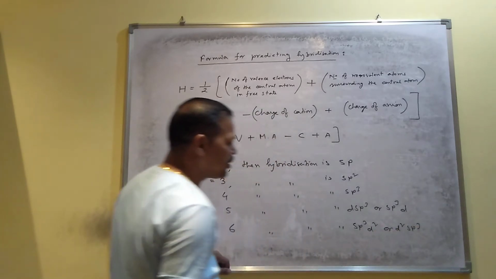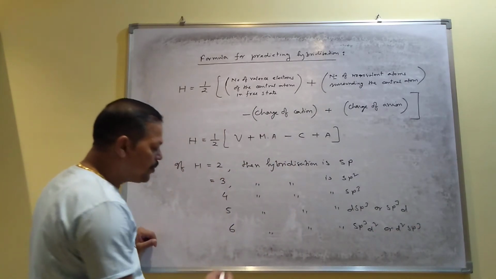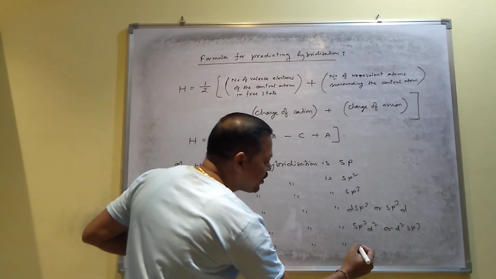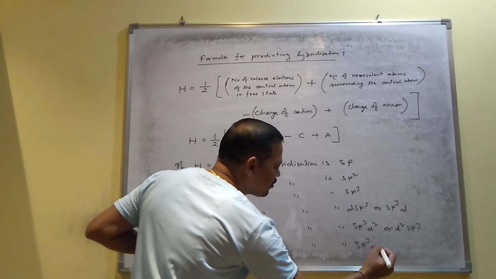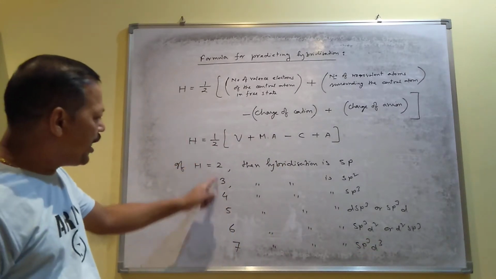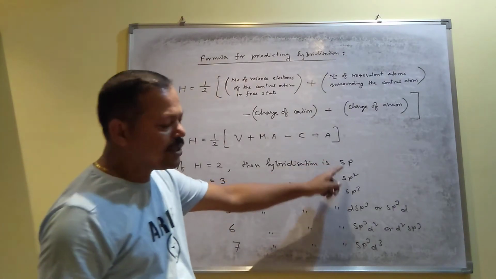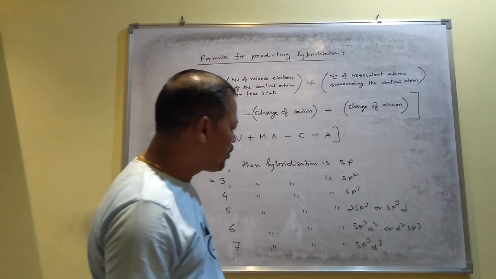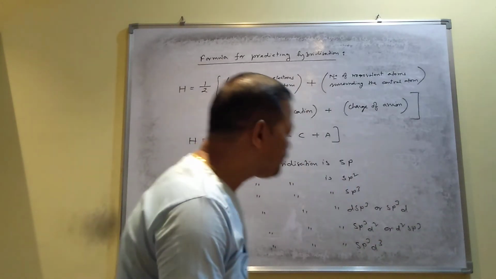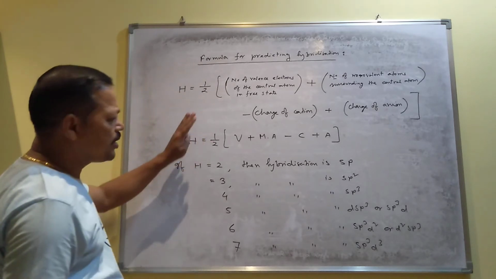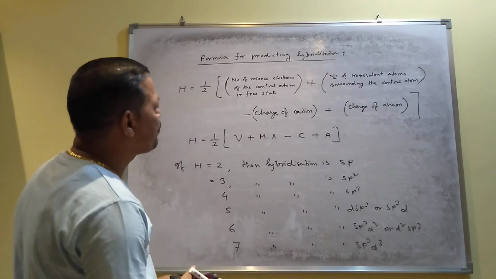Similarly, if the H value is 7, hybridization will be sp3d3. So based on the H value, you can find out the type of hybridization, whether it undergoes sp, sp2, sp3 or dsp2, like that. Now I'll take one example, then you can understand this.